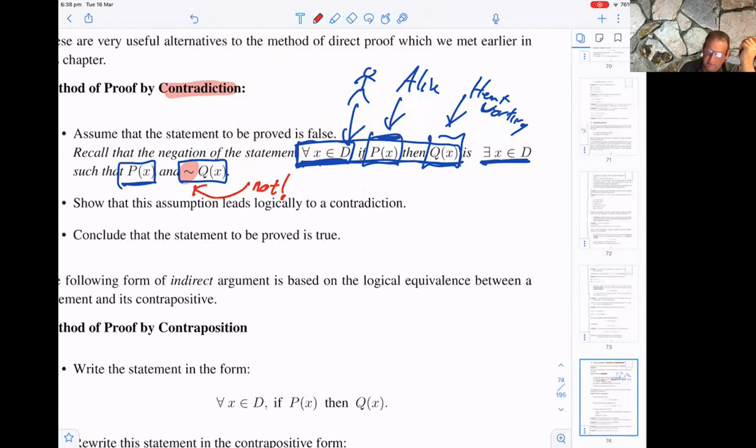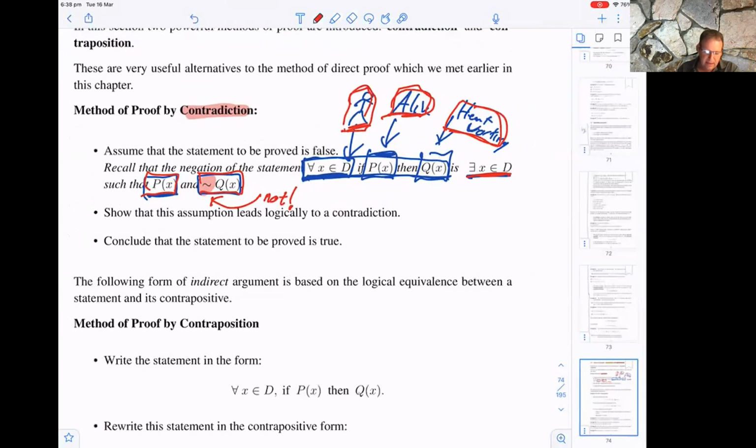So the opposite of if I'm a human being and I'm alive, then my heart is working is, well, sorry, if there is a human being and she or he or they are alive, then their heart is working. The opposite is there exists a human being such that they are alive and their heart is not working. Okay, so this is the opposite of a statement.